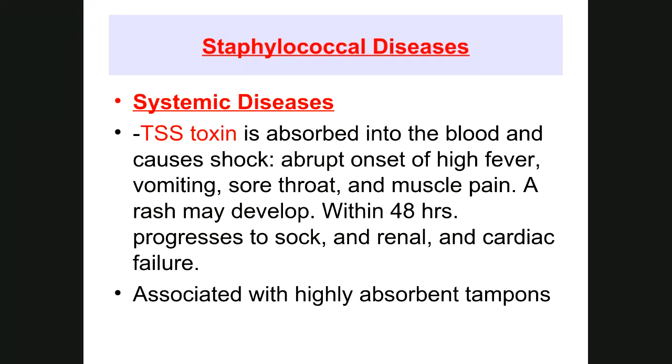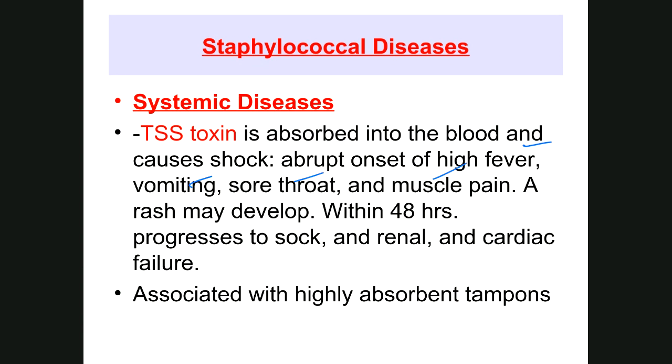When it comes to systemic diseases, probably the most serious one, or one of the most serious ones, is toxic shock syndrome, which is caused by the toxic shock syndrome toxin, which can be absorbed into the blood. The initial signs and symptoms involve fever, high fever, vomiting, sore throat, muscle pain.